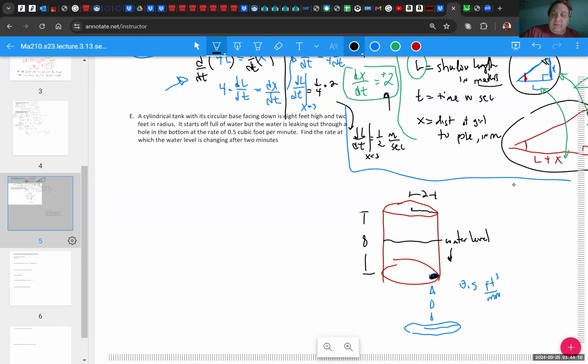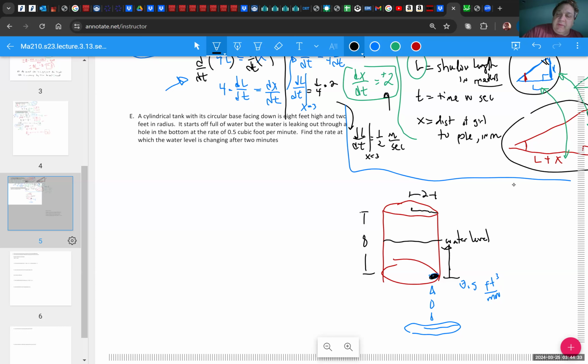So the water level, we can measure from the bottom going up or from the top going down. It doesn't matter. You just have to decide. And so I'll just go from the bottom going up, sort of like the y-axis starts at 0 at the bottom. So this is my water level right here, from here to here.